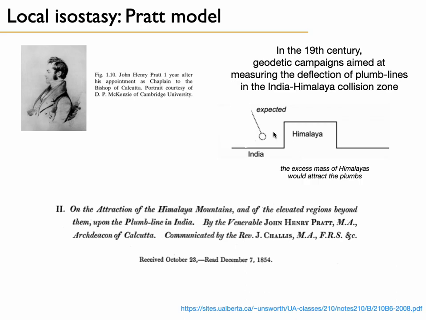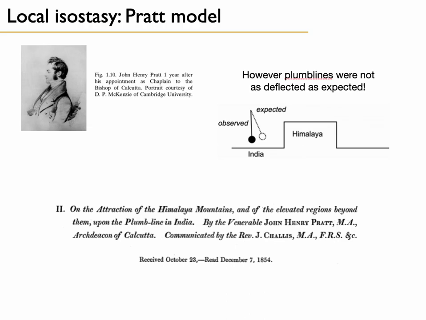John Henry Pratt was appointed as chaplain to the Bishop of Calcutta, and he wrote an article in 1854 about the attraction of the Himalayan mountains and the plumb line in India. So what happened is that the plumb lines were not deflected as expected.